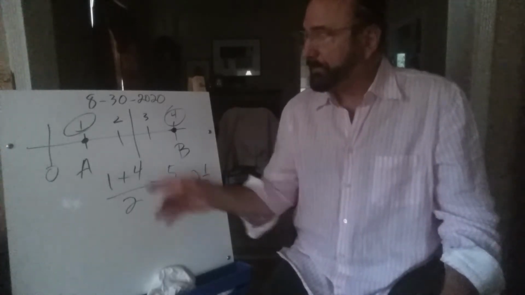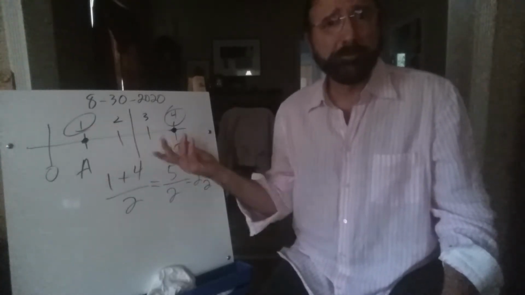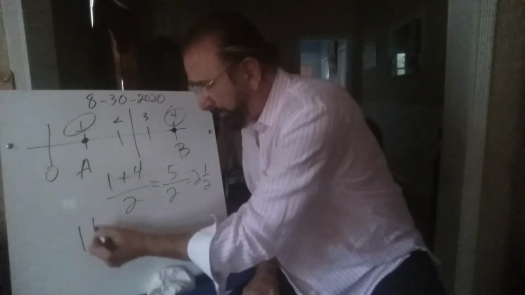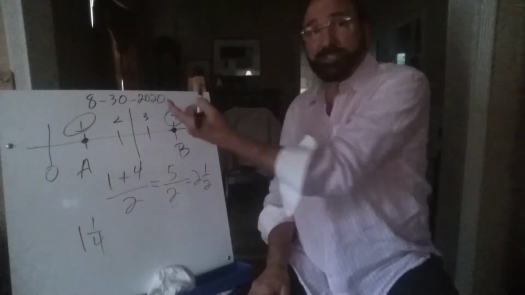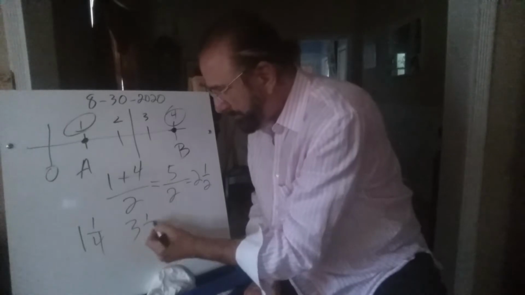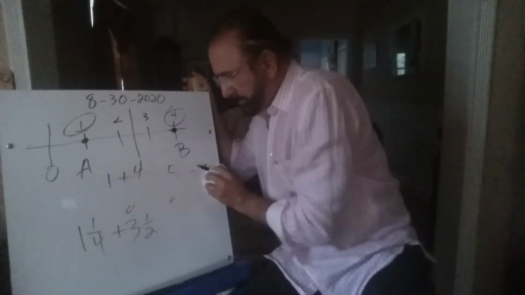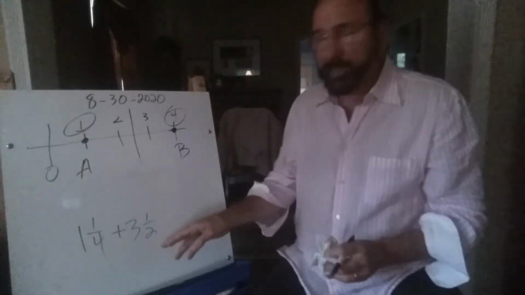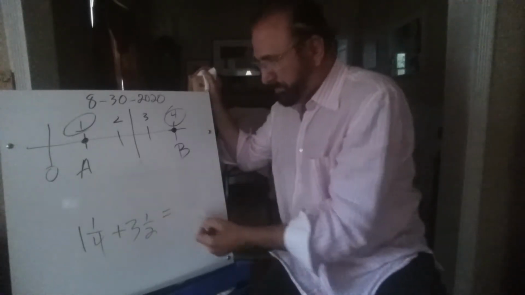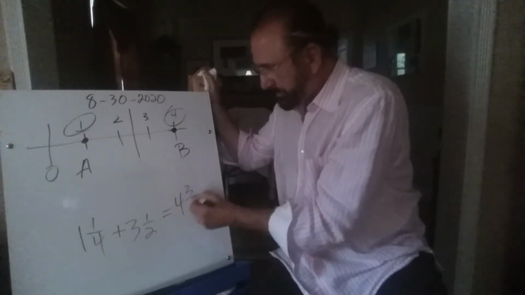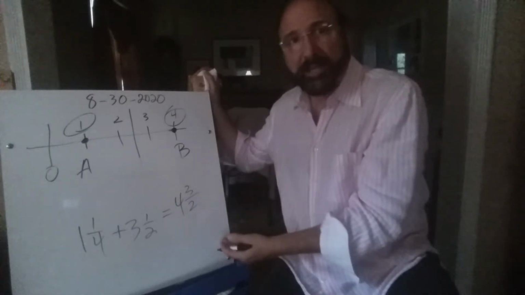Now, this is a real easy example, but instead of 1, what if we were 1.25? And say this was 3.5. Well, you would add those 2. Once again, let me make room here. You would add these 2. It looks like 4.75, and divide that in half.